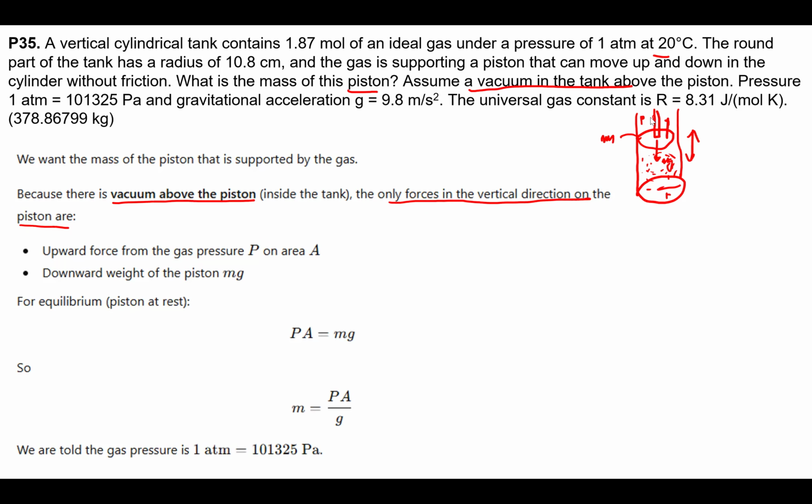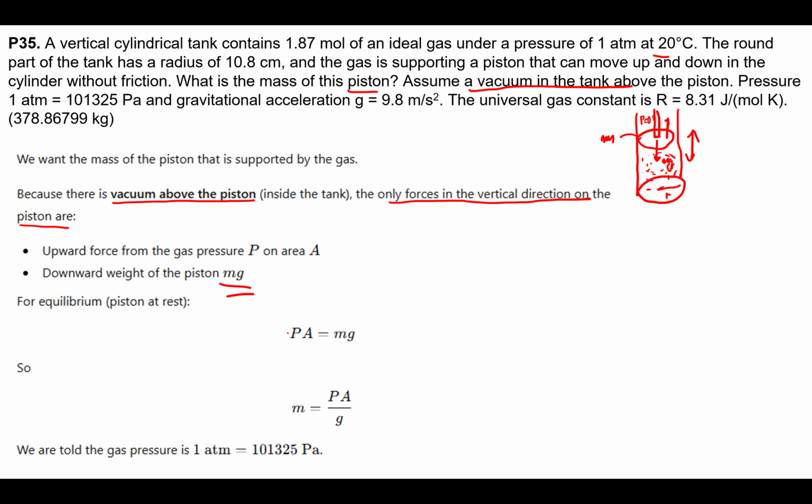Then that means there is no other pressure. So the pressure outside of the piston, above the piston, is zero. So whatever happens, this is the only upward force exerted, and then it is balanced by the gravitation.